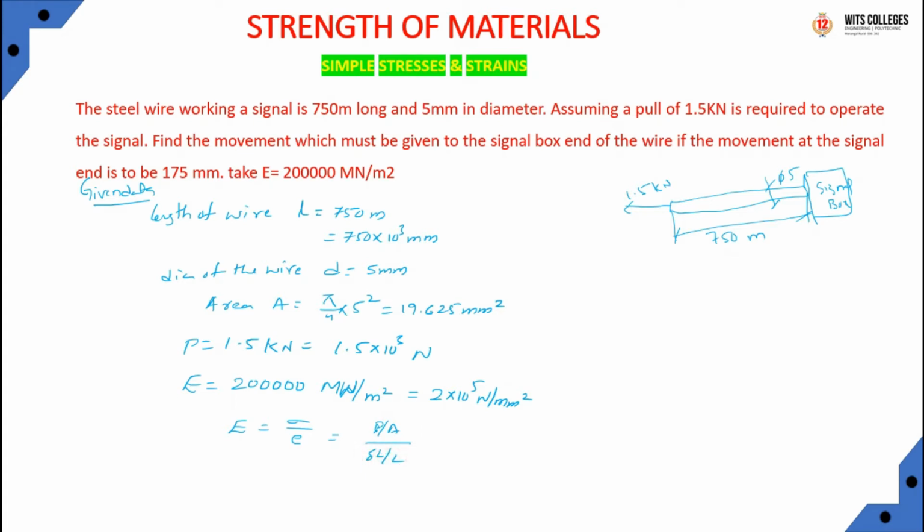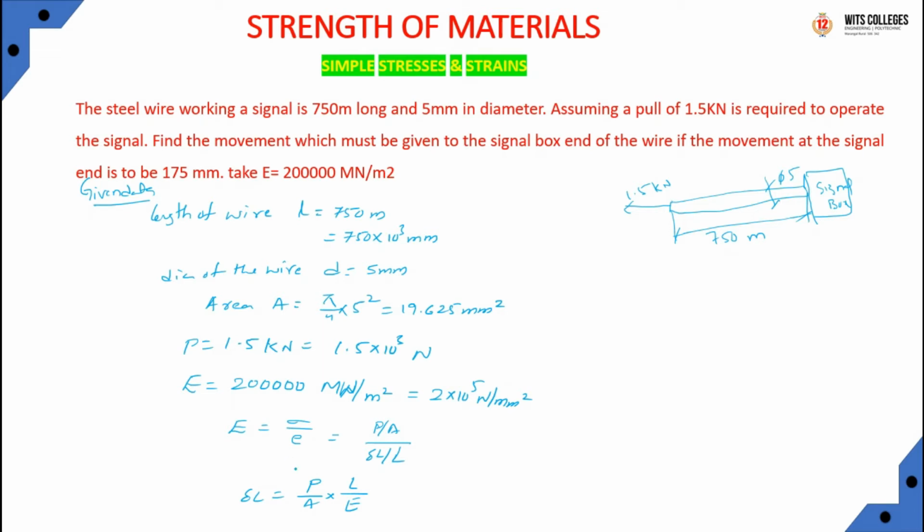Here I have the force value, area as well as length, but I don't have the delta L value. So delta L equals P by A into L by E, by cross multiplication.